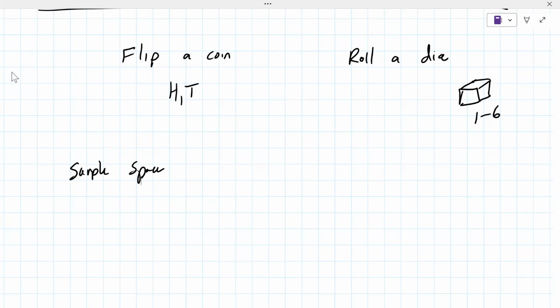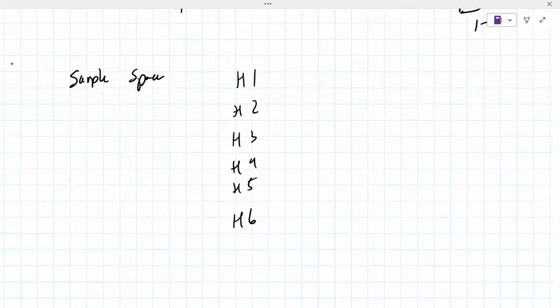Okay. You have them all done? So it'd be head 1, head 2, head 3, head 4, head 5. And you want to do this in an organized way. Tail 1, tail 2, tail 3, tail 4, tail 5, tail 6.